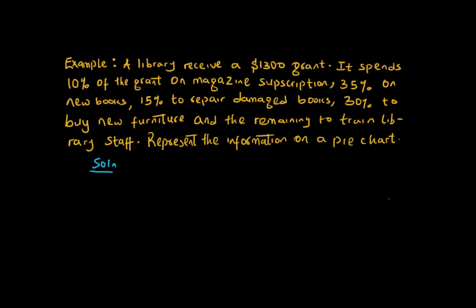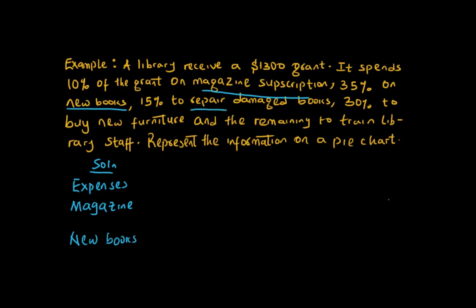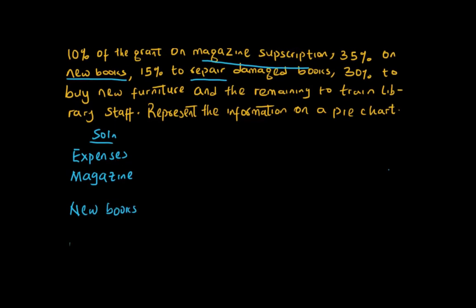Let's do this. So we can tag this expenses. The first is magazine subscription, so we can call this magazine. Followed by, we have new books, so we can tag this new books. Then we have repair damaged books, so we can tag this repair.